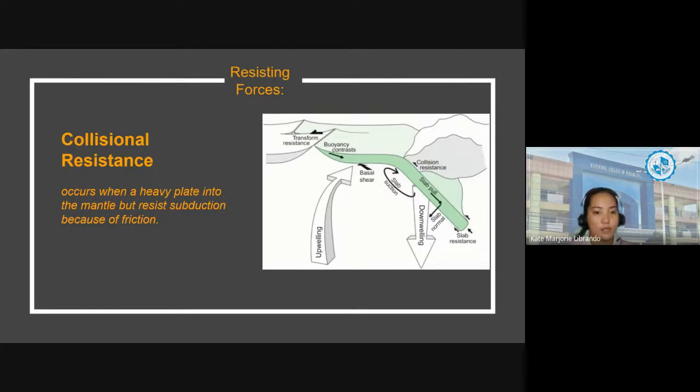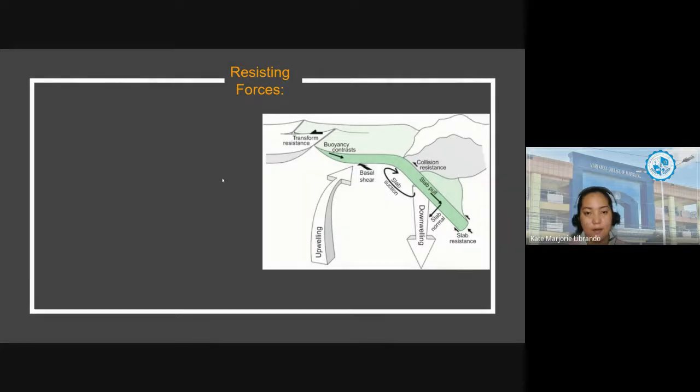Now, this occurs when a heavy plate sinks into the mantle but resists subduction because of the friction. Now, this one opposes the slab pull, the collisional resistance, and then the transform fault resistance.